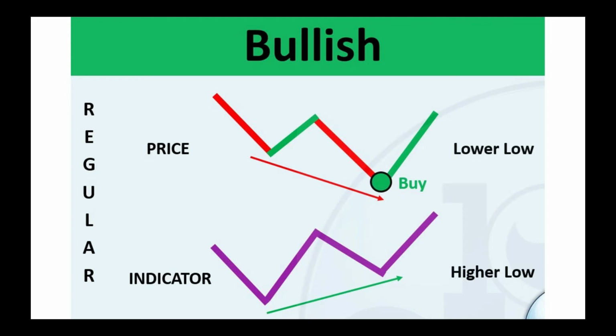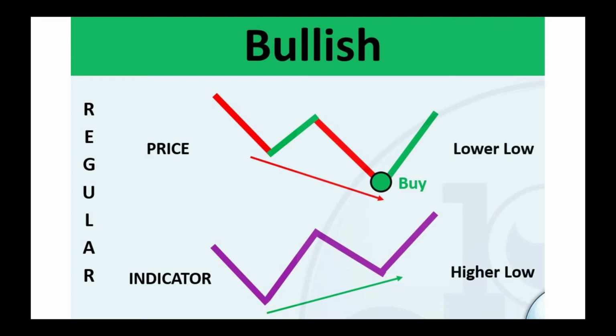Divergence warns that the current price trend may be weakening, sometimes in a bullish or bearish trend, and very often this warns that the trend can shift very easily.